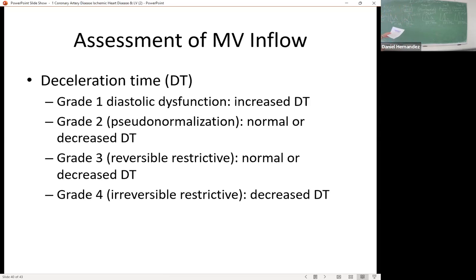So we were actually able to unmask pseudonormalization by having the patient Valsalva. We remember back also, Valsalva was useful for enhancing a subaortic stenosis or an LVOT obstruction.